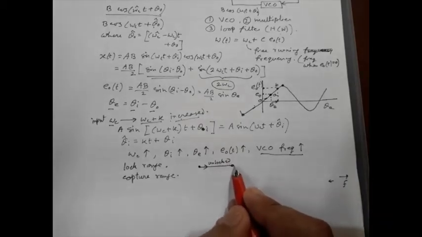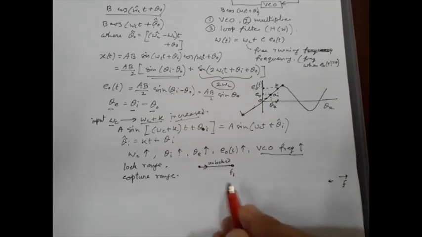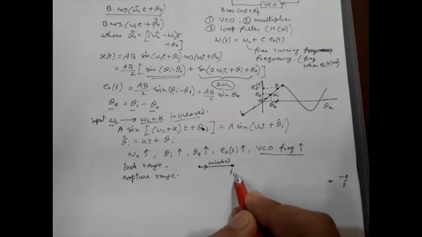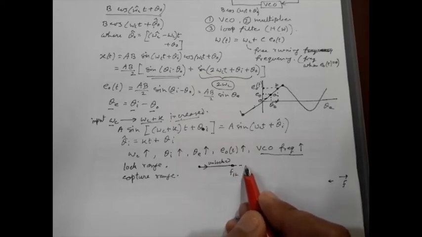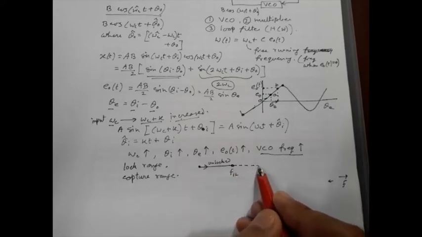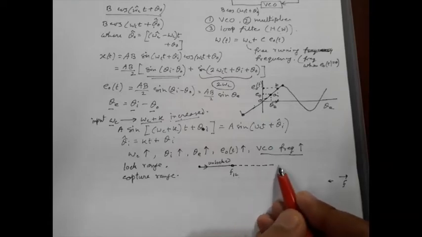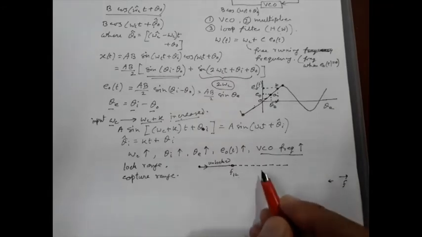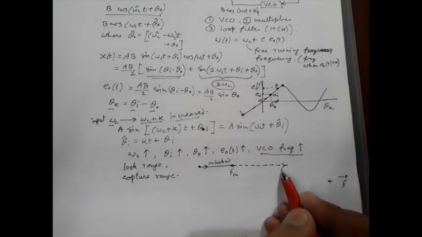At this particular point, at frequency say f1L, it gets locked. Once it is locked, we will designate this locked condition with a discontinuous line. So if we increase the frequency, it will get locked.